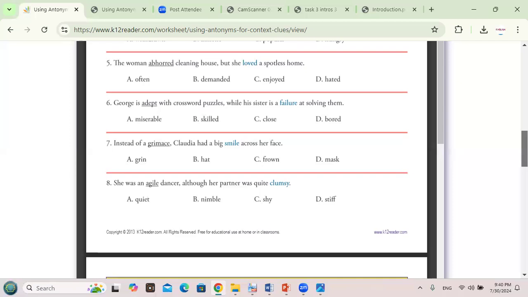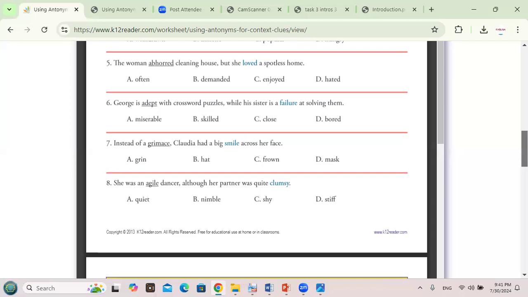Okay, so we have this one: she was an agile dancer, although her partner was quite clumsy. So what is the meaning of the word agile, and what is the opposite of the word clumsy? I think the answer is number C, shy. No. Agile doesn't mean shy. Agile means nimble. Clumsy means he doesn't move in a smooth way.